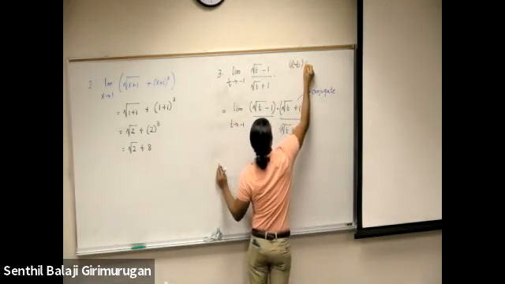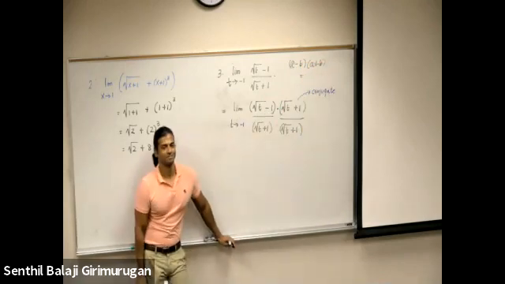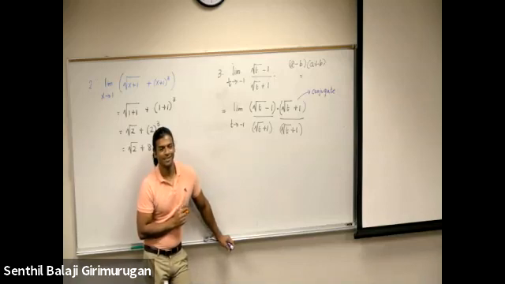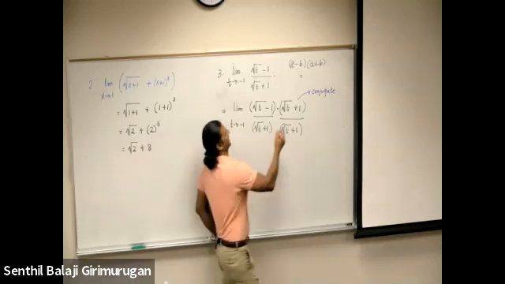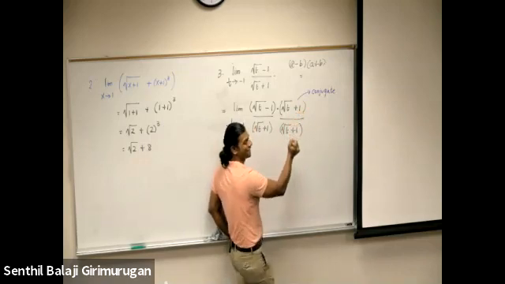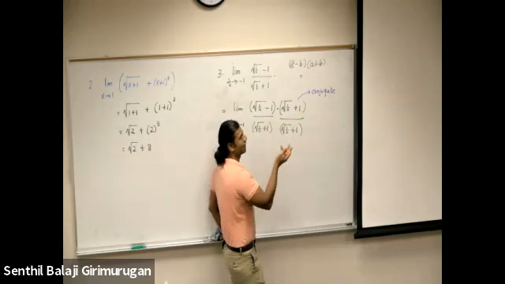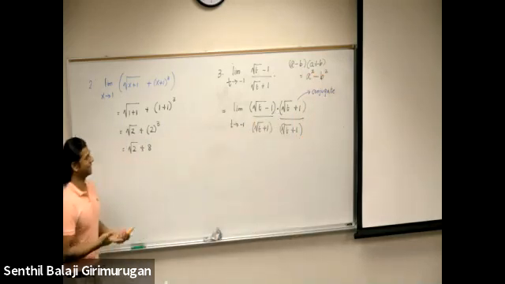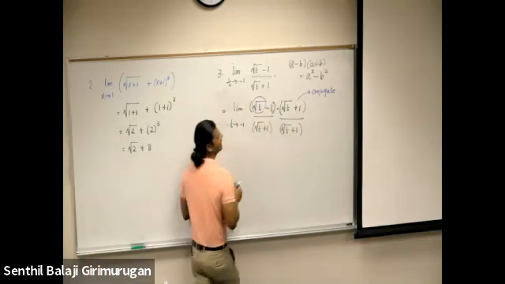Isn't it a squared minus ab? Close. If you FOIL this, you will get a squared minus b squared. It's a standard identity. So in this case, a is root t, b is 1.